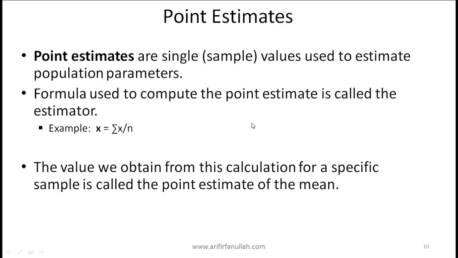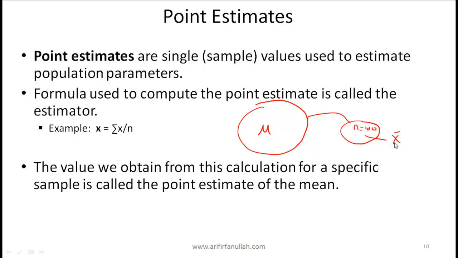So, continuing with the example we are talking about, if we have this large population of 1 million stocks and we pull out a sample of 100, the estimate of the population mean can be obtained by taking the average or the mean of the sample. So if this mean is x bar, that is our point estimate. So x bar is the point estimate of the population mean.